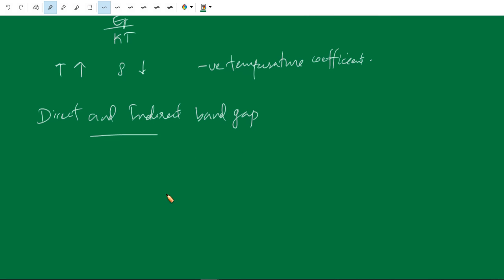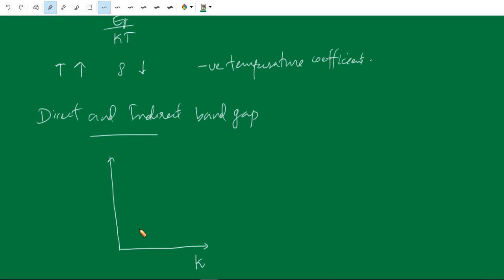If we plot the energy versus K diagram, with the wave vector K on this axis and energy on this axis, we can plot the conduction band and valence band here.